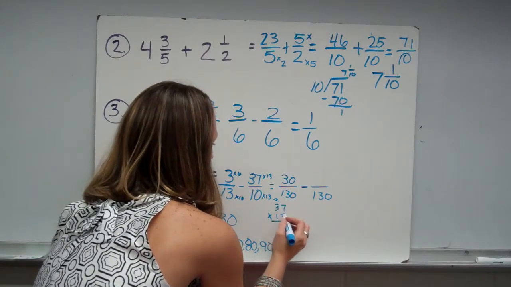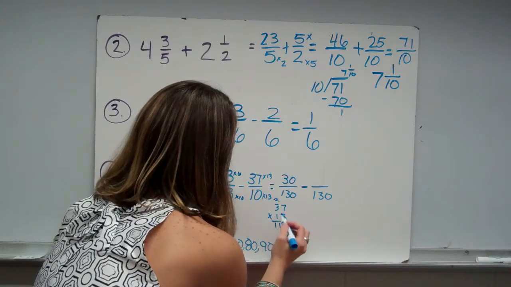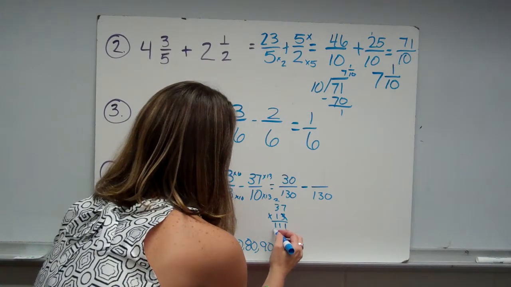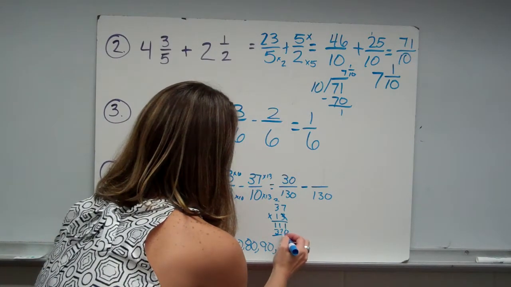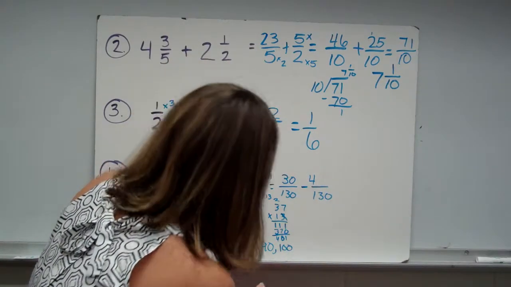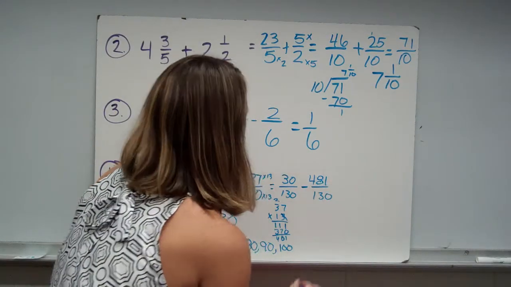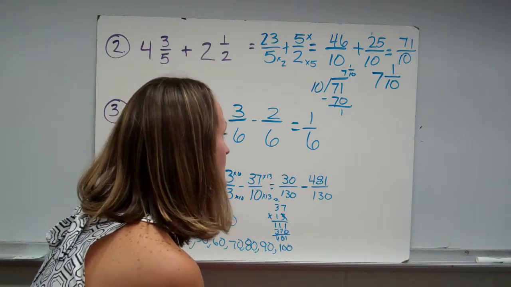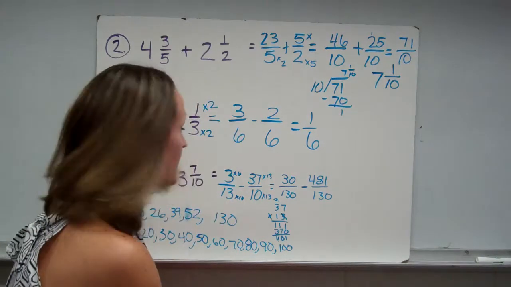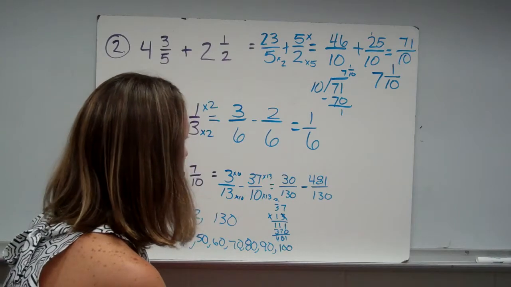Carry the 2. 37, 481. All right, so now I have 30 over 130 minus 481 over 130.